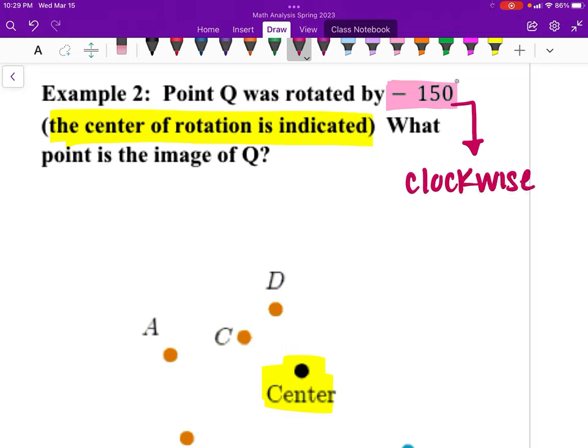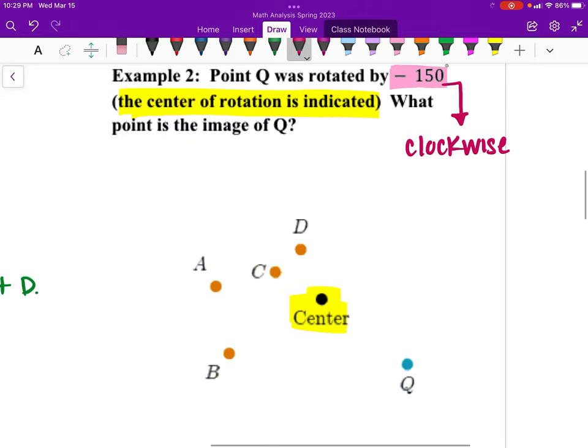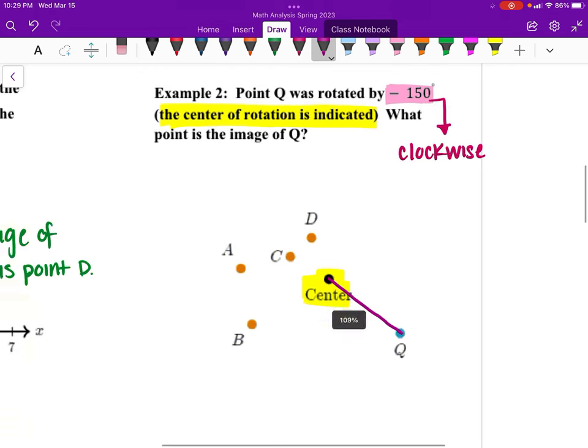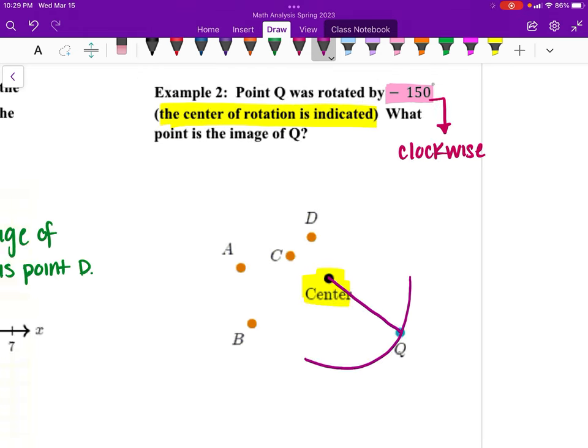So let's go ahead and start off by connecting the center to point Q. Let's go ahead and erase that and do it again, to point Q. Now, if we're moving clockwise once again, we have to go this direction, right?